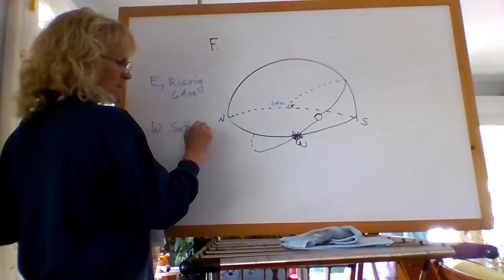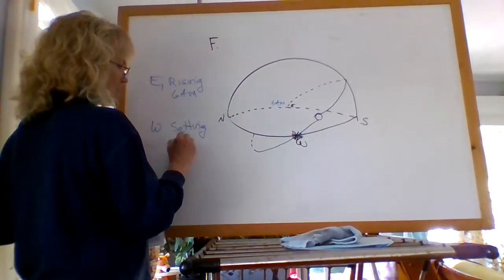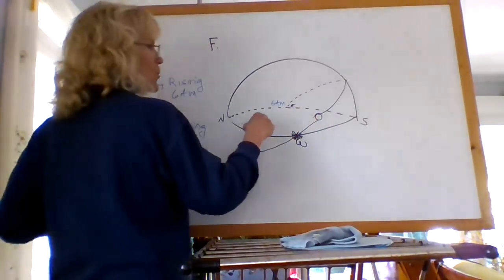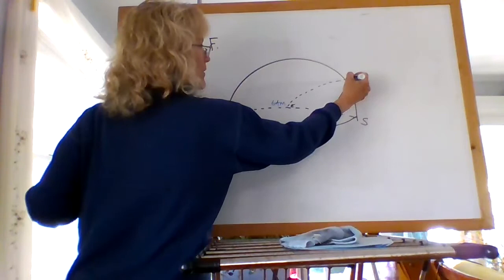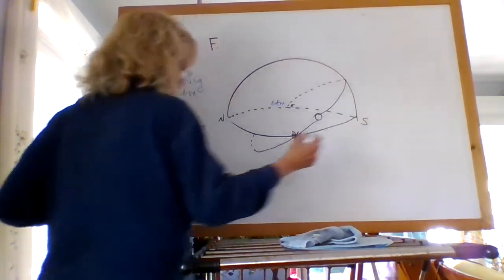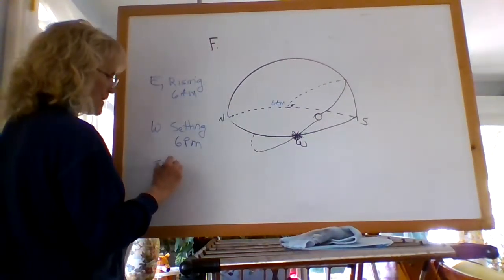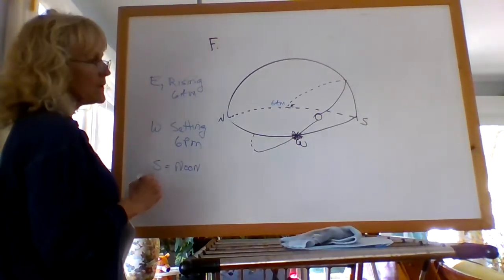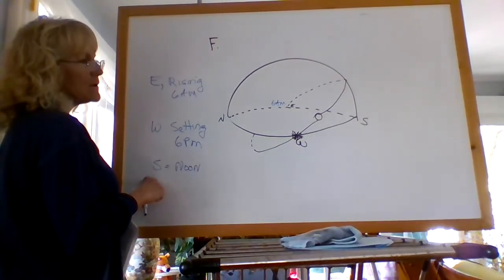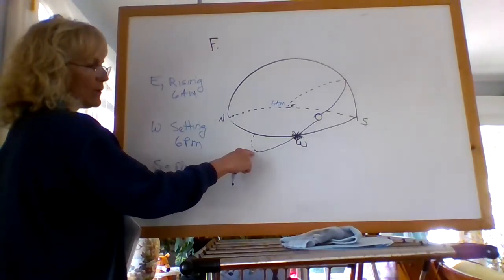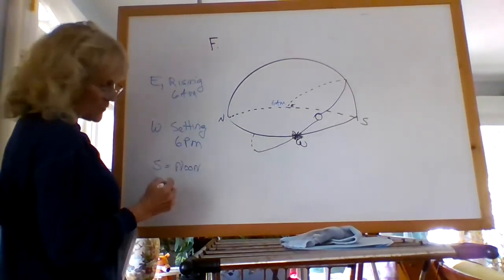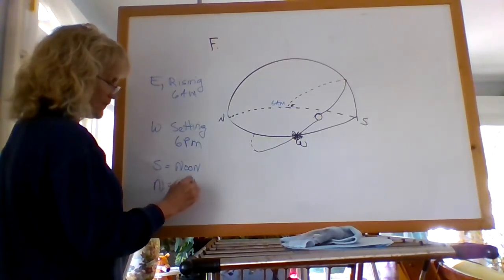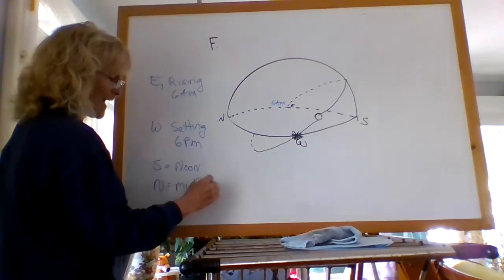And remember, this is just our standard, it's going to be the 6 p.m. position. If I am looking here, directly south, I'm going to call south my noon position. And when I look here, directly north, I'm going to call that my midnight position. So that just gives me sort of an idea.